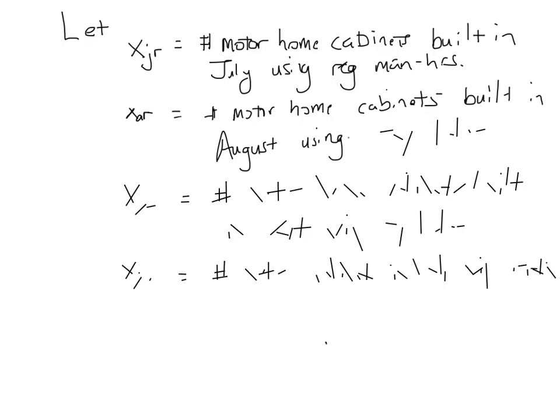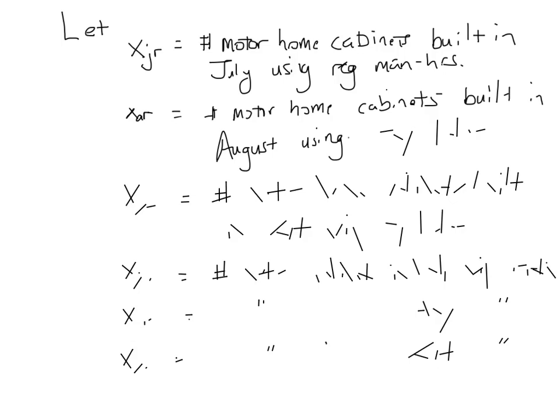So then what do you think the other ones would be for overtime? x_AO and x_SO. Right? And this would be August, and this would be September. So that gives us 6 variables for the motorhome cabinets.